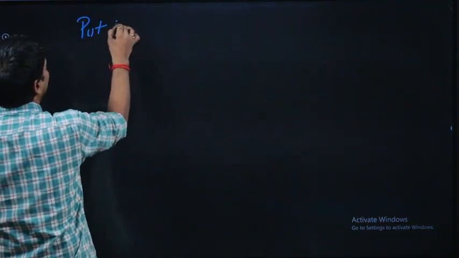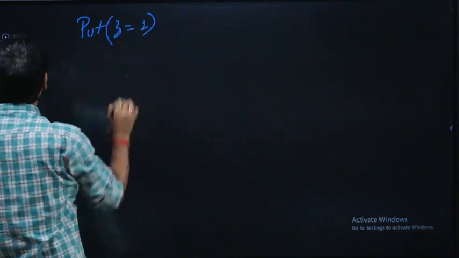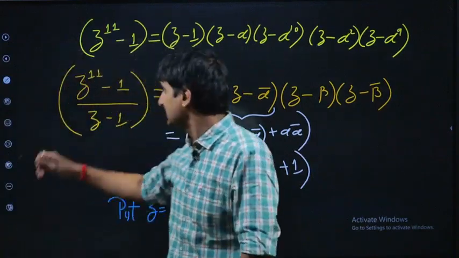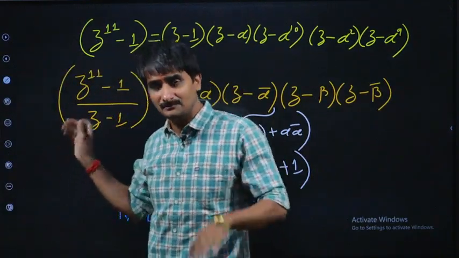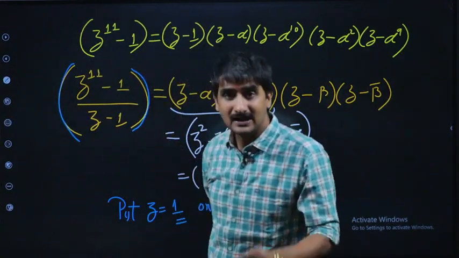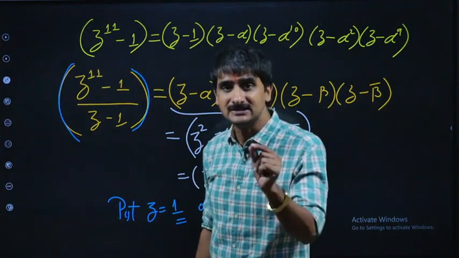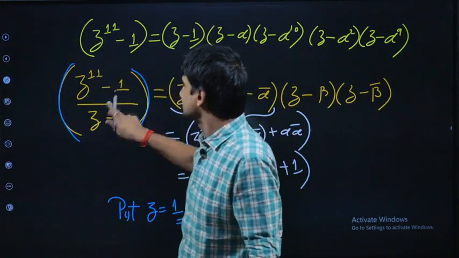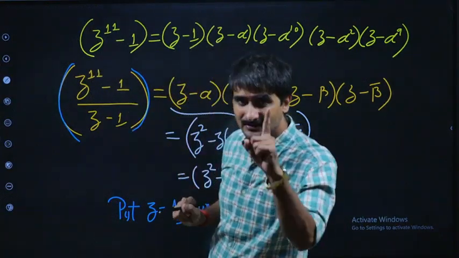So I will say, okay, put z is equal to 1 on both sides. So what will happen this side? If you put z is equal to 1 on this side, you will get a 0 by 0 form. But if you wish, you can look at this term as the formula for the sum of a GP, a into r to the power n minus 1 upon r minus 1, and a is also 1.